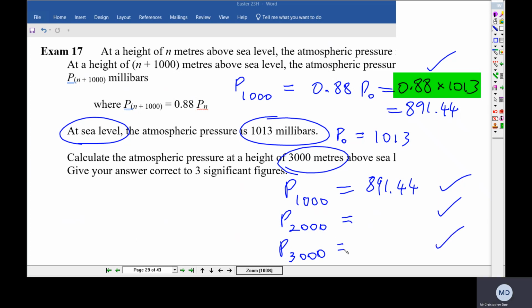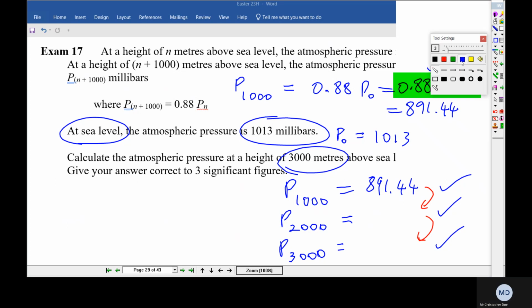If you didn't quite finish this, let me give you 30 seconds or a minute. Could you go from 891 to your next one by multiplying by the right multiplier with the calculator? And then the final answer, another 30 seconds, you have a calculator. So the second answer, hopefully you got 784.4672.